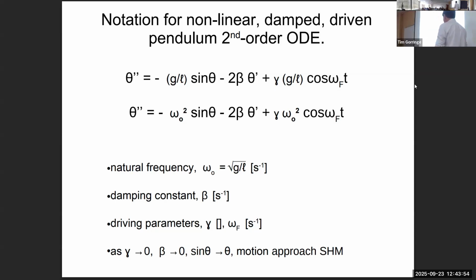There are basically four parameters in this differential equation. We're in a kind of four parameter space that we can control and adjust by choosing our pendulum. There's the natural frequency, which is one parameter. There's the damping constant, the second parameter. And then the driving force comes with two parameters, its frequency and its amplitude. So that's the space in which we live.